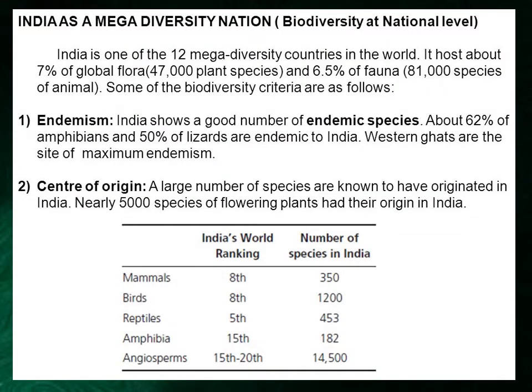Now, if you look more closely, as I already told you, India is one of the 12 mega diversity countries of the world. It hosts about 7% of the global fauna. Look at the numbers of species: 47,000 plant species, and almost 7% of global fauna, that is 81,000 animal species.